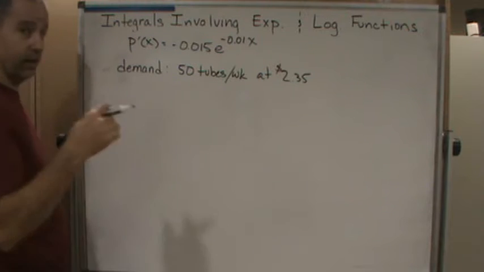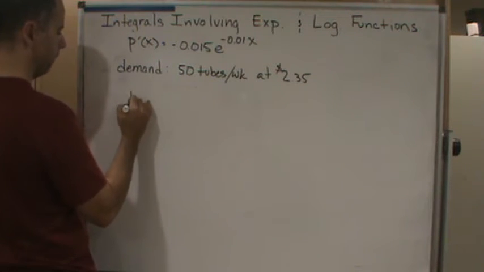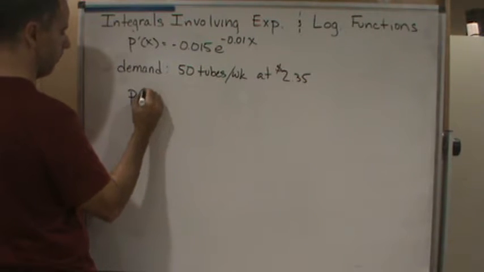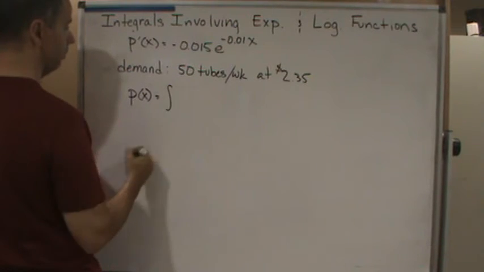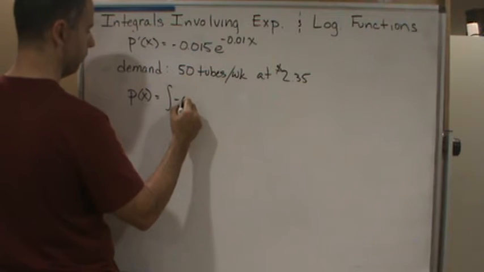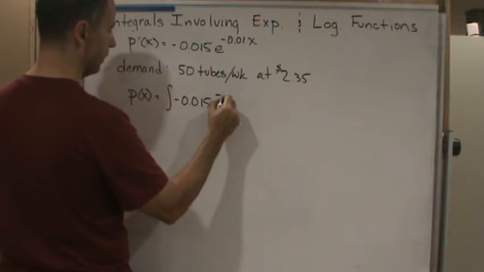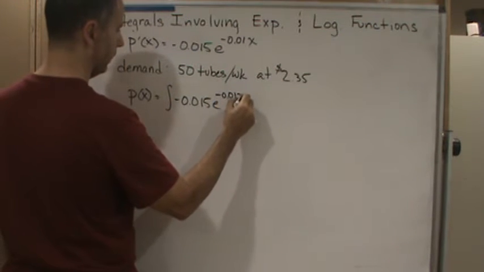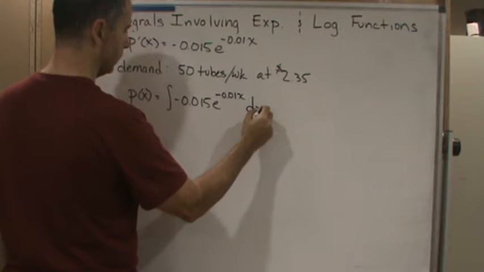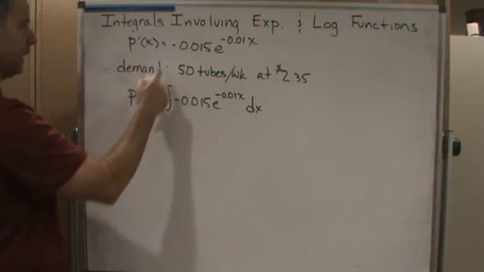P of x equals the integral of negative 0.015 e to the negative 0.01 x dx. We're going to integrate P prime of x.